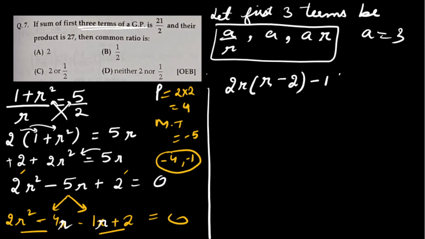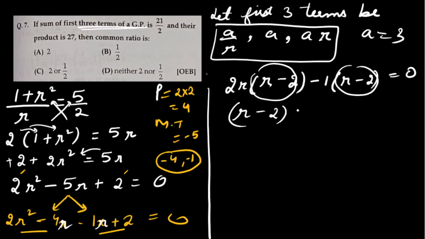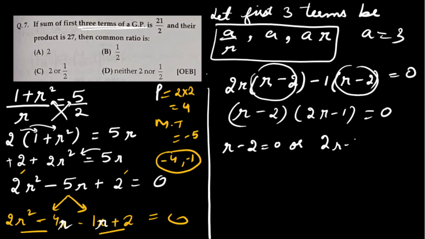Here minus 1 I have taken out, so again r minus 2, because whenever minus is outside the bracket, the inner sign we have to change. So r minus 2 is again a common factor, like you can see. Then what is left now? 2r minus 1 is equals to 0. So r minus 2 equals to 0, or 2r minus 1 equals to 0.